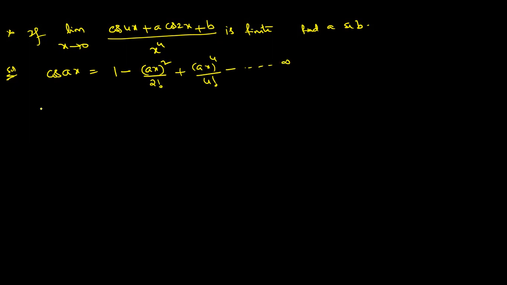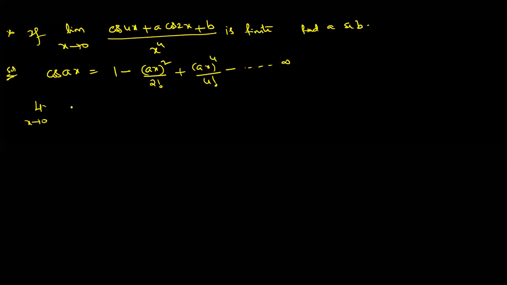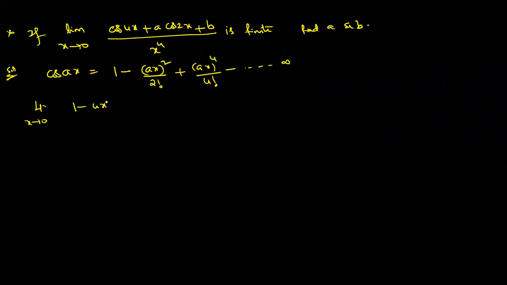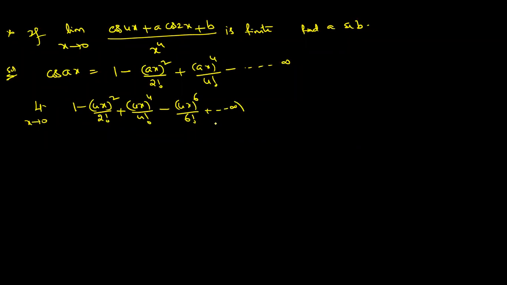Okay, now limit x tends to 0. Cos 4x, how to write, dear students? 1 minus (4x) whole square by 2 factorial plus (4x) whole power 4 by 4 factorial minus (4x) whole power 6 by 6 factorial and so on to infinity, plus a into, how to write?